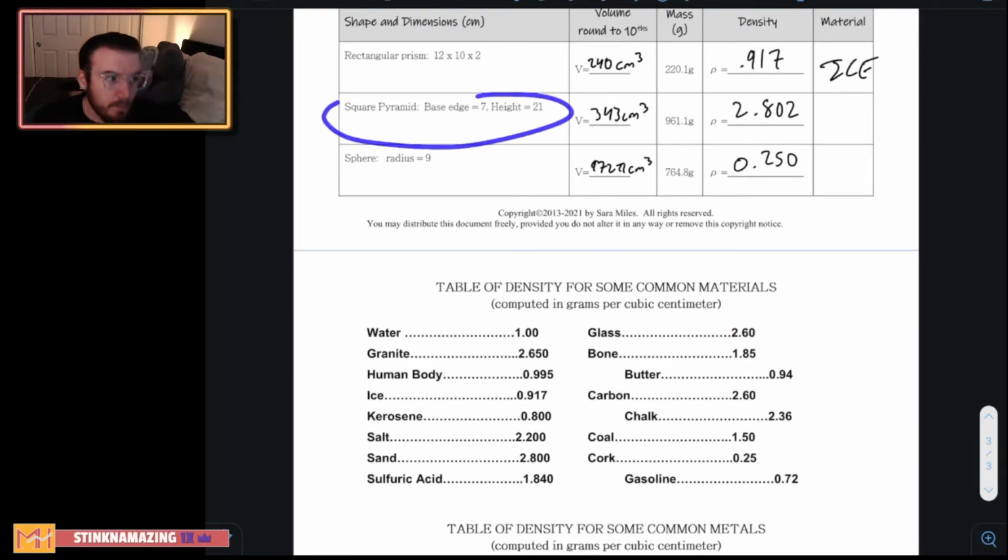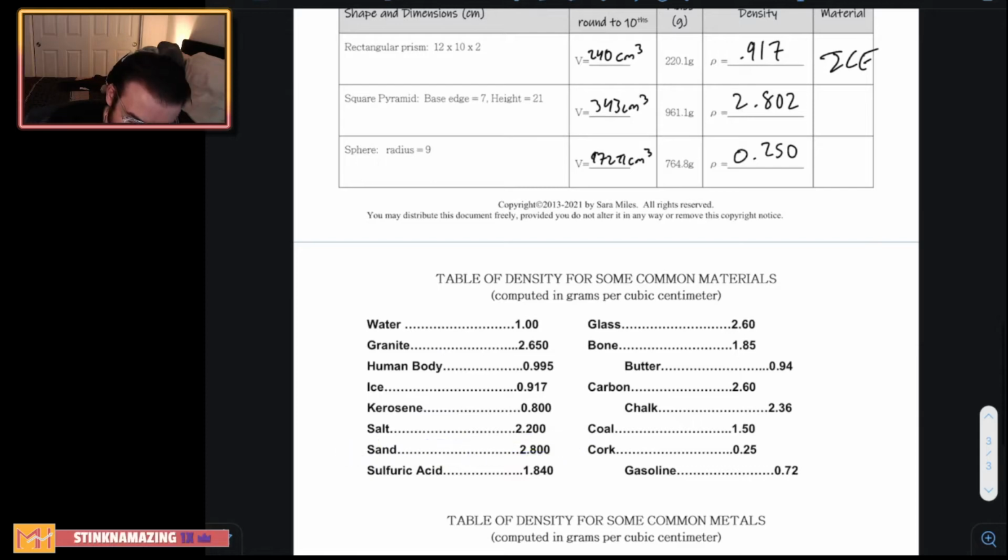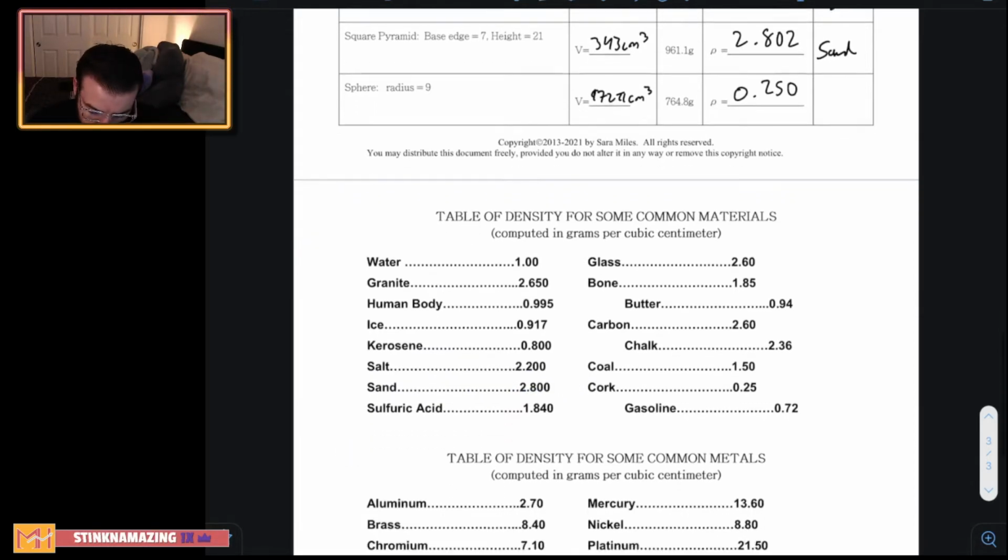Someone hands you a little pyramid, right? Like it's this little crafted pyramid. It's smooth to the touch, and you're like, oh, what is this made out of? Well, you figure it out. The density is 2.802. That makes me think that this square pyramid is made out of sand, right? Maybe it's hardened sand. That would be kind of cool.